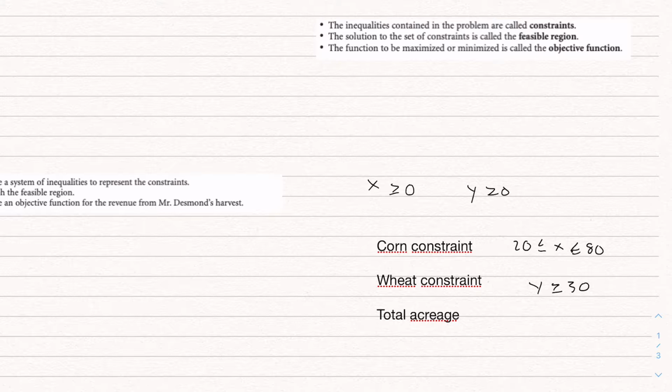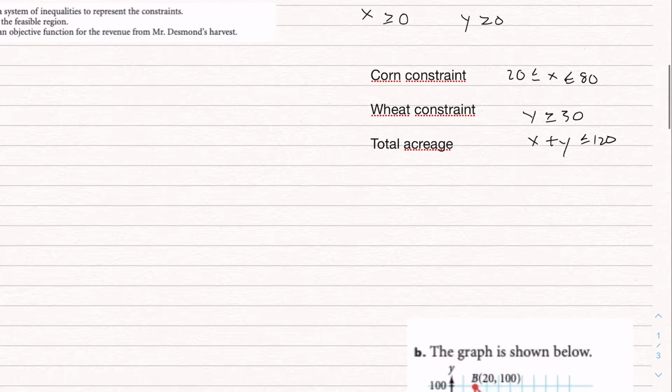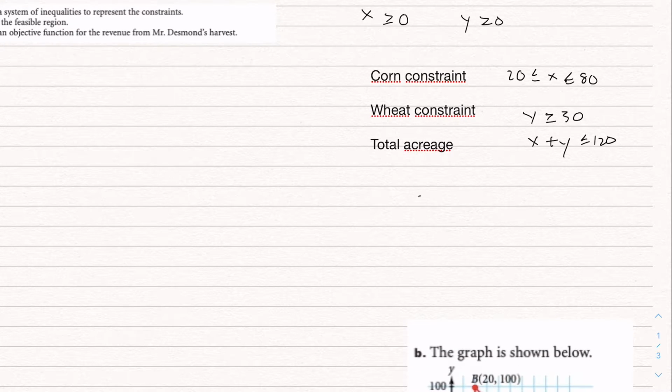And for the total acreage, you will use x plus y is less than or equal to 120. So the system of inequalities would be 20 is less than or equal to x, x is less than or equal to 80, y is greater than or equal to 30, and x plus y is less than or equal to 120.